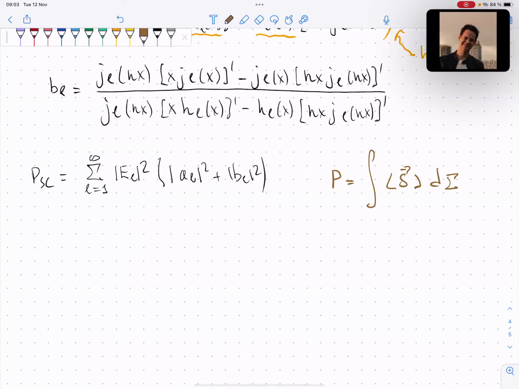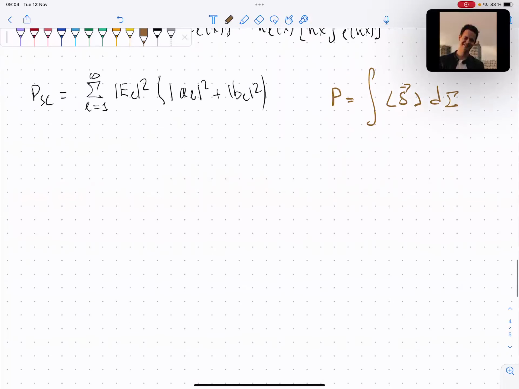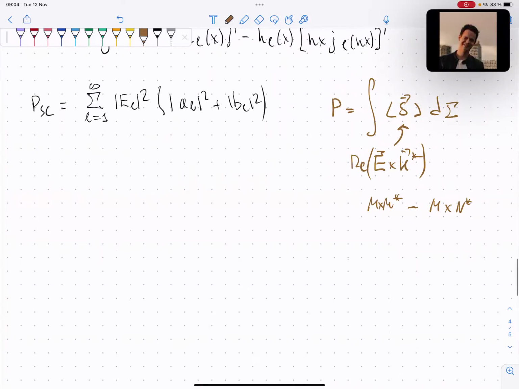Let me call this surface sigma. We know that the Poynting vector is E cross H, real part, so it should have some terms like M, N and so on. But because of the orthogonality of these vector spherical functions, in the end we will have an expression like this. I will also put a proportionality sign here.